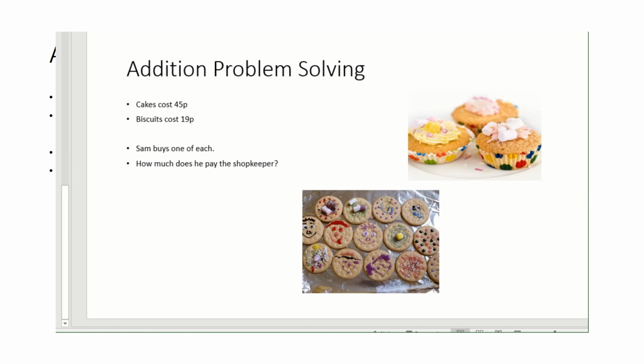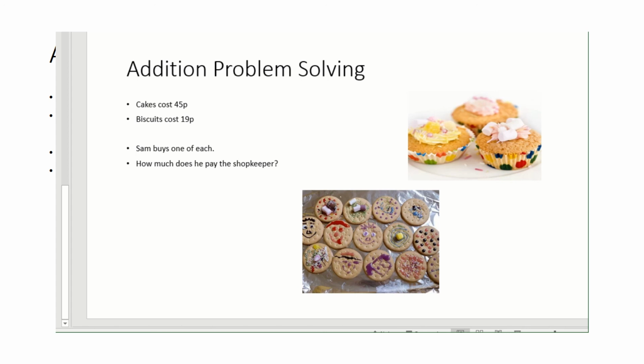Then this one, look, cakes cost 45 pence. Biscuits cost 19 pence. Sam buys one of each. So how much does he pay the shopkeeper? So you would be adding 45 add 19. Now then, you could add your 10 to your 45, then add 9.